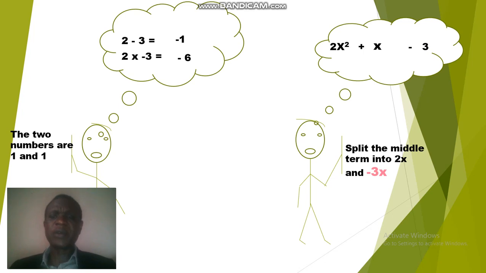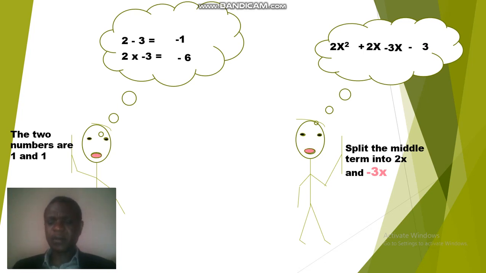The same way, we are going to split the middle term so that we can have 2x and minus 3x introduced into the equation. So we'll have 2x squared plus 2x minus 3x minus 3.